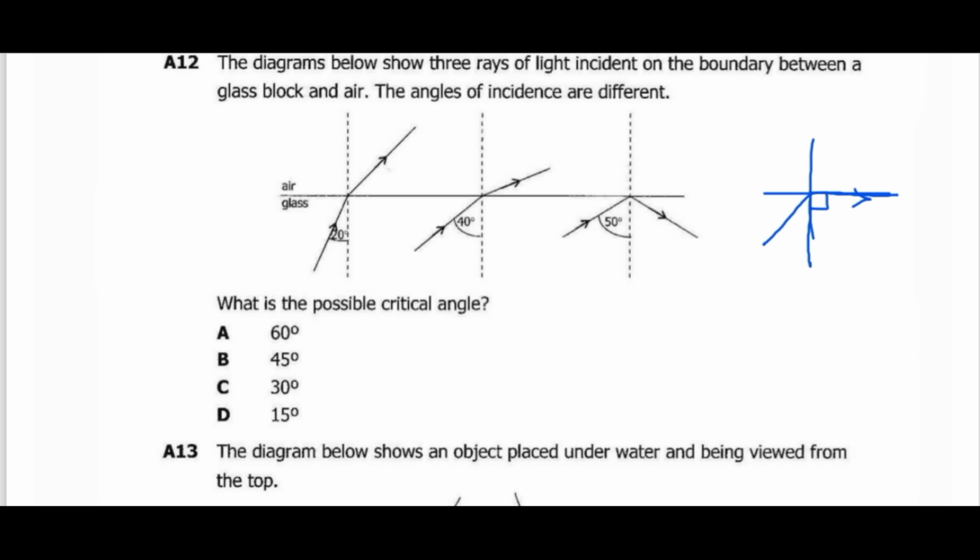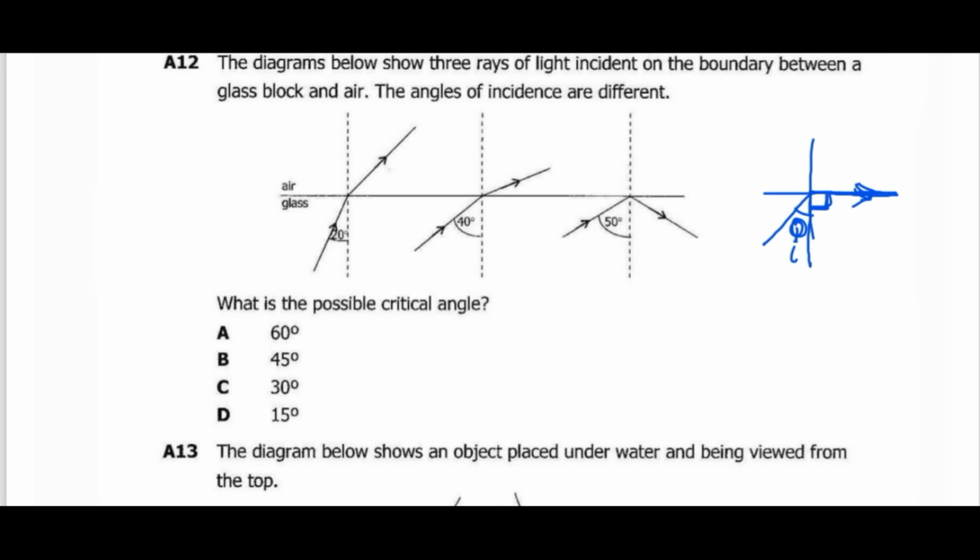So whenever we have an incident ray like this one, where the refracted ray passes along the boundary just like this, then this angle is what we are solving for. This is what we call the critical angle, which is C.